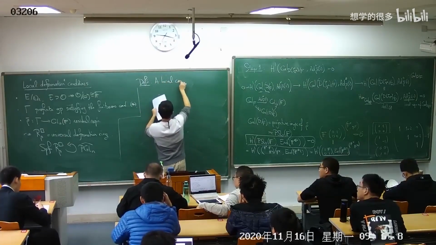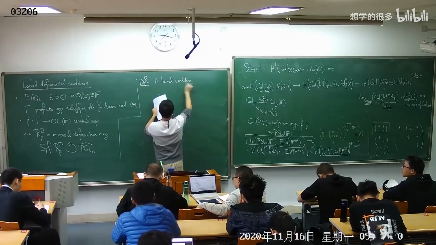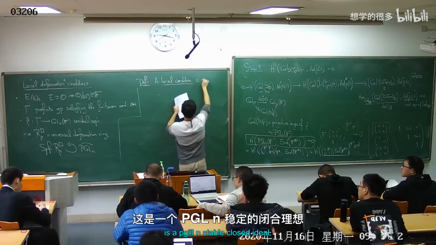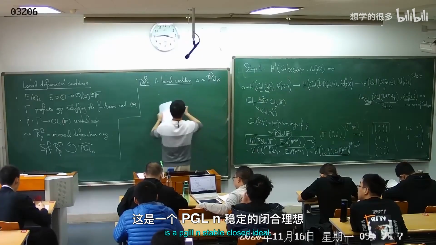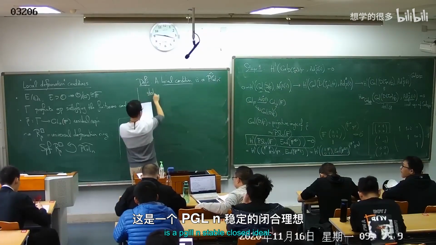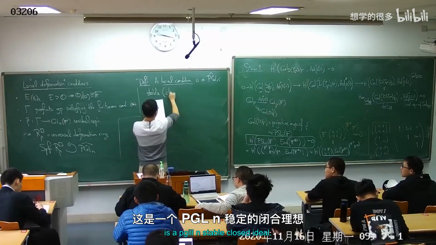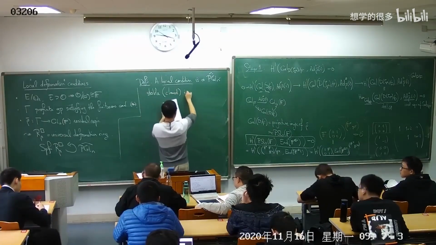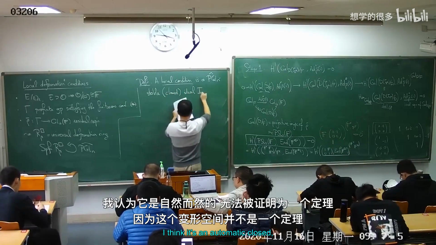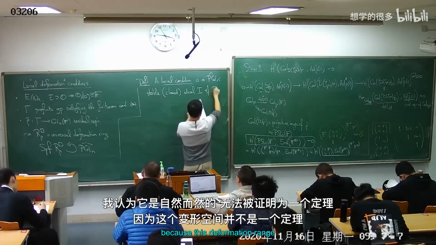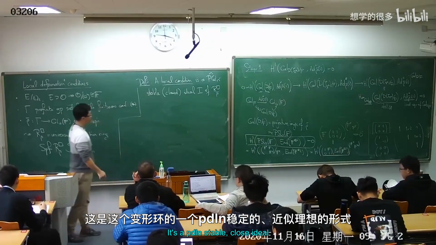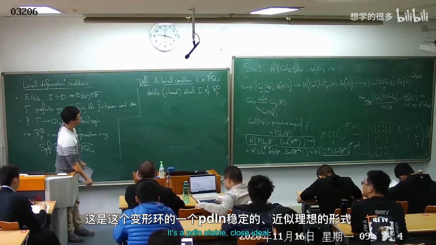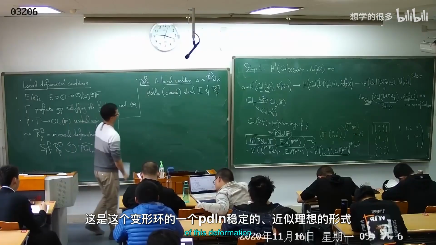A local condition is a PGL_N-stable closed ideal. I think it's automatically closed because this deformation ring is Noetherian, so it's automatically closed. It's a PGL_N-stable closed ideal of this deformation ring.